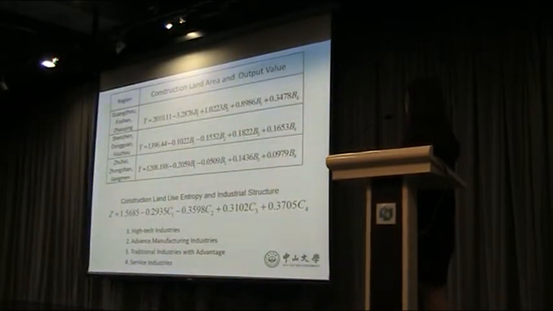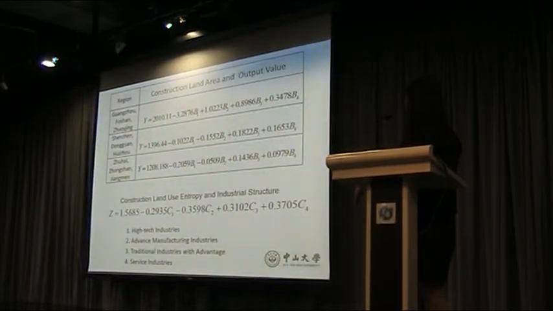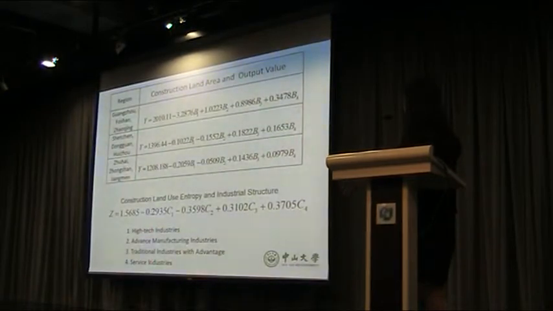So that explains why they have the negative sign. Also, we can see that for the traditional industries with advantage and the service industries, if the cities are infrastructure oriented, then the urban land use diversity will increase.